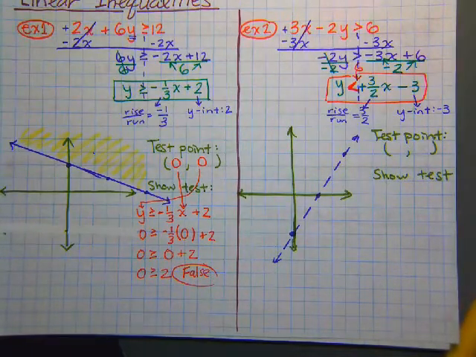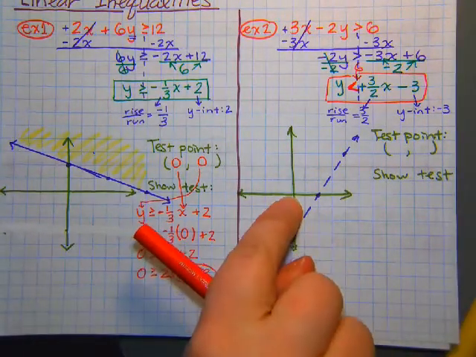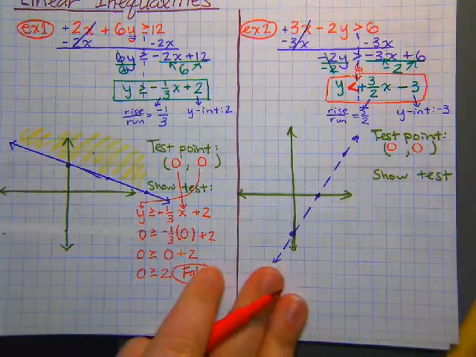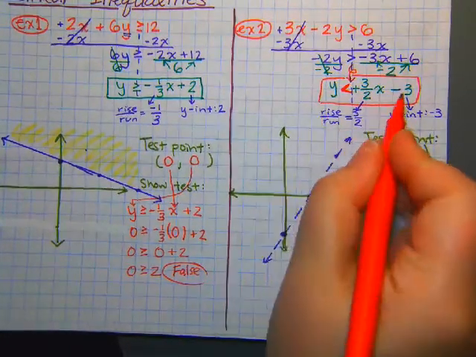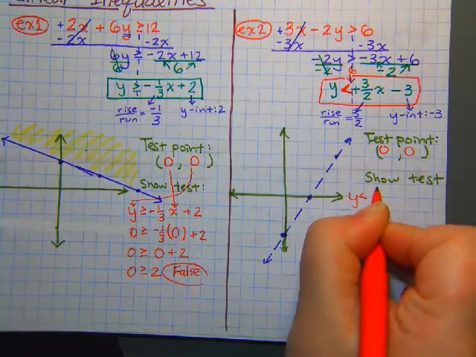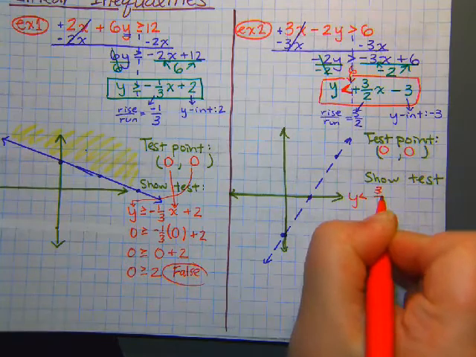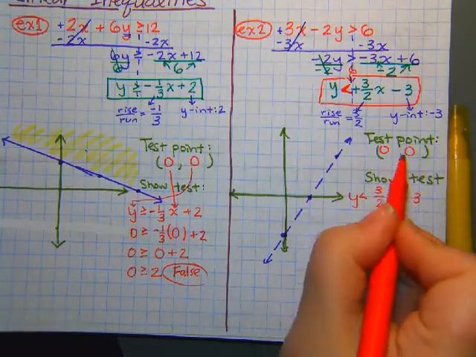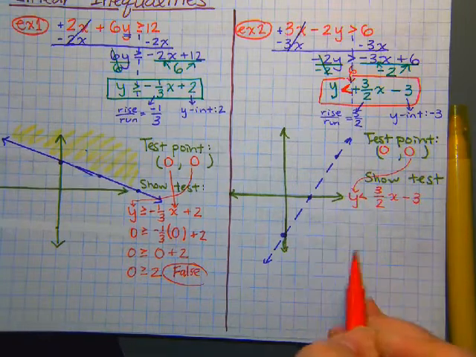Okay, so same thing, down to a test. And my favorite point, 0, 0, is available. So I'm going to take my test point, 0, 0. I'm going to rewrite my inequality again. y is less than 3 over 2 x minus 3. Again, make sure that you put the y value in for y.